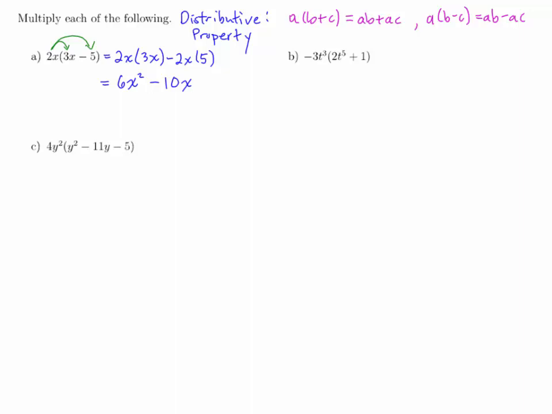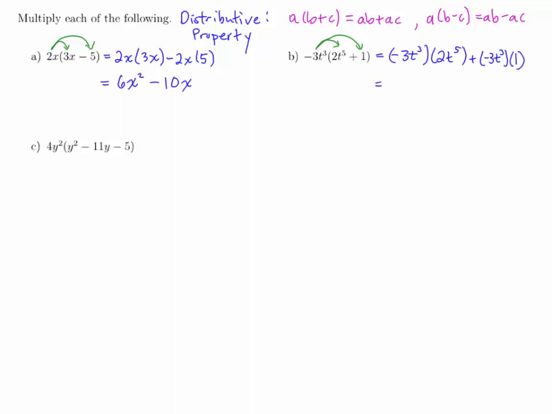Looking at our next example, we have the expression negative 3t cubed times the expression 2t to the 5th plus 1. So again, the first thing that we're going to do is to distribute that negative 3t cubed across that expression 2t to the 5th plus 1. So when we do that, we'll have negative 3t cubed times 2t to the 5th plus negative 3t cubed times 1.